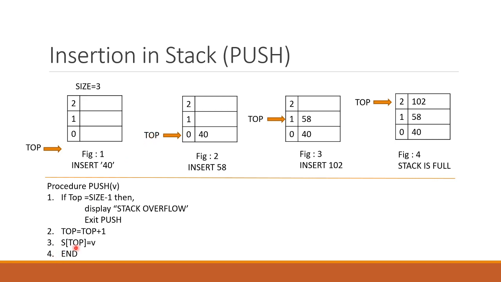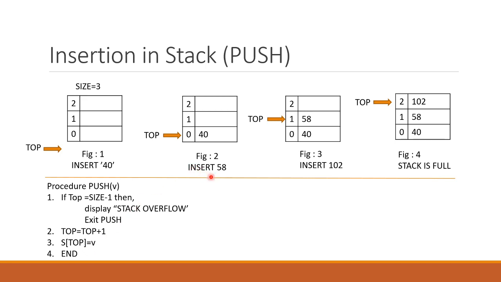So S of top is equal to V. Now V is the variable that is holding our data. In our case 40 is copied into V and this 40 is stored inside the stack where my top is pointing. So top is pointing at 0, this statement would be S of 0 is equal to 40, and 40 would be inserted at the 0th index.